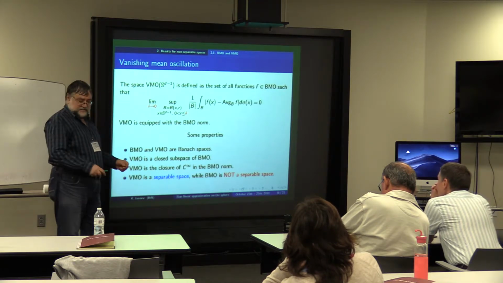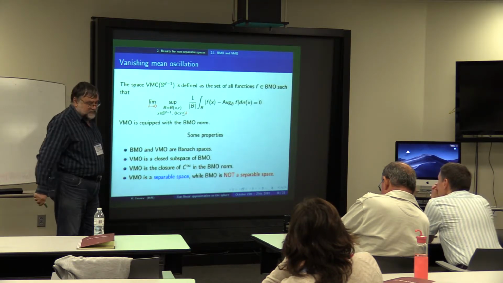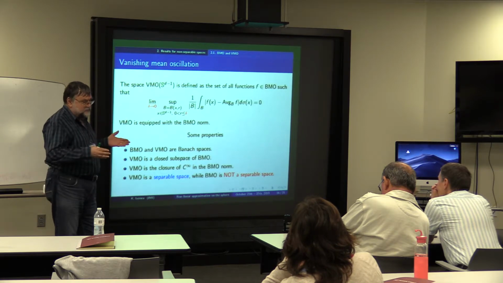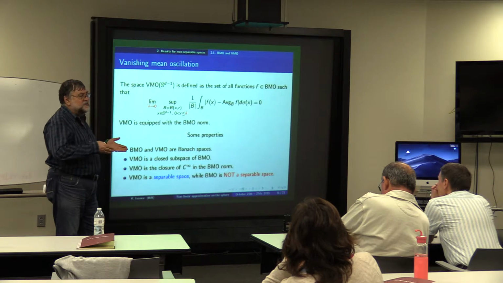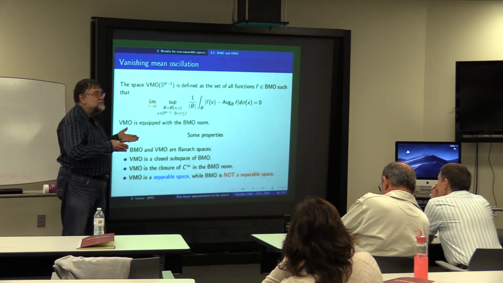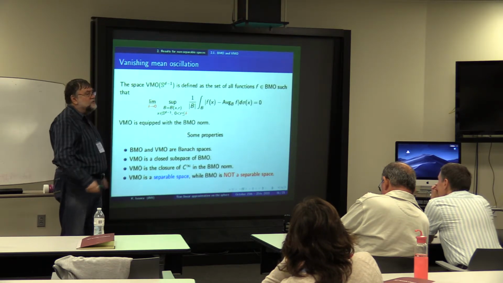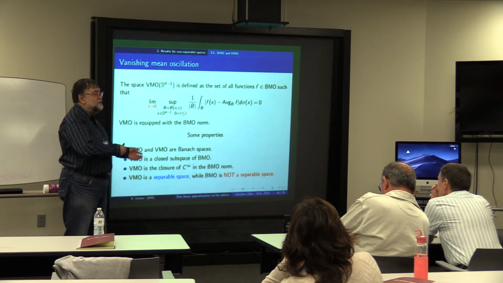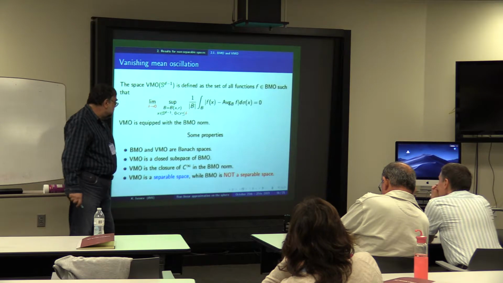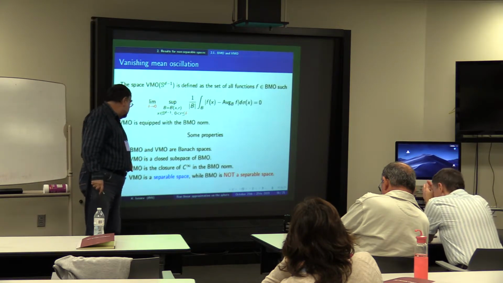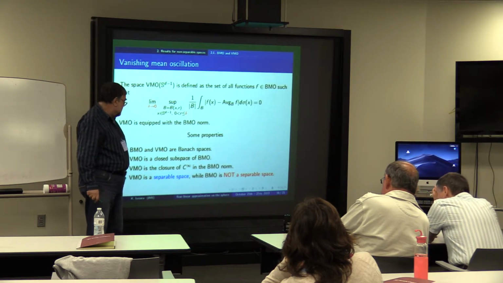It is the same, in this respect, as approximating in L infinity or in C on a given interval. In continuous functions, you can approximate. L infinity functions, you cannot approximate by such kinds of families. So L infinity is not a separable space. C is a separable space. We have the same here.